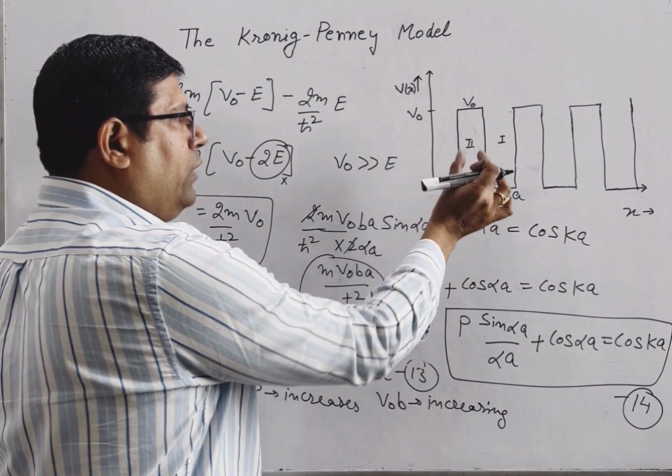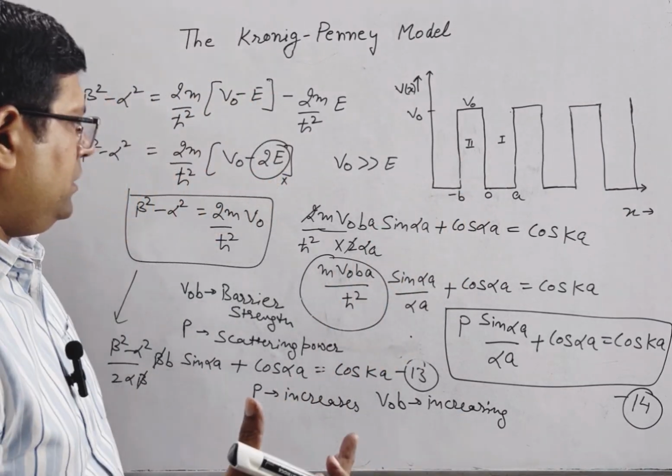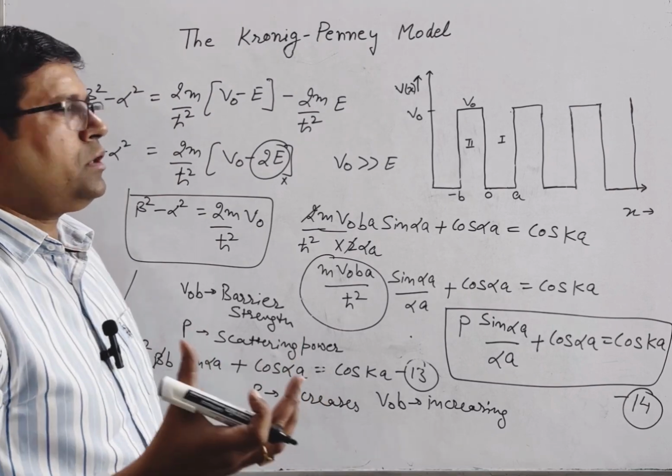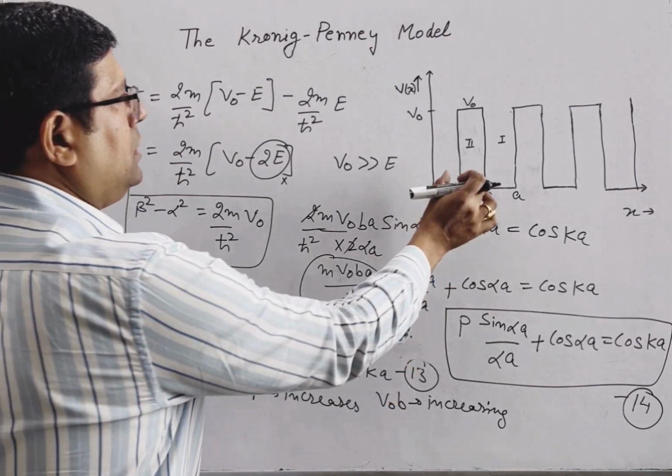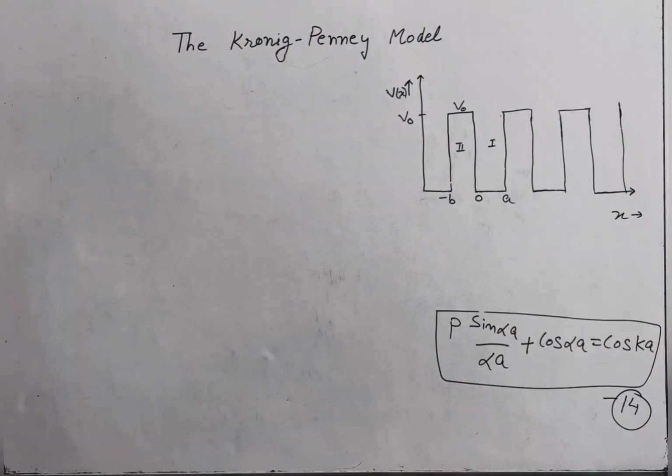Area of potential well is increasing, means you can say that the electron is more tightly bound to this potential well. This equation number 14 is the main equation for the Kronig-Penney model. This is the condition of existence of a solution for the electron wave function.